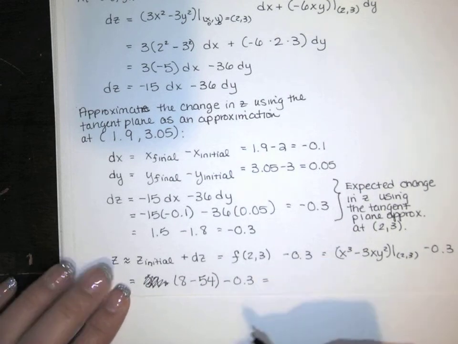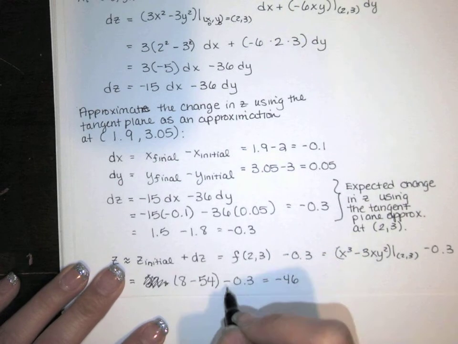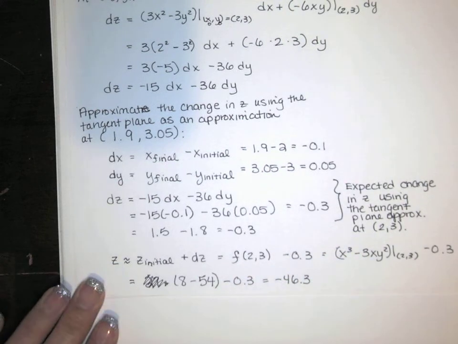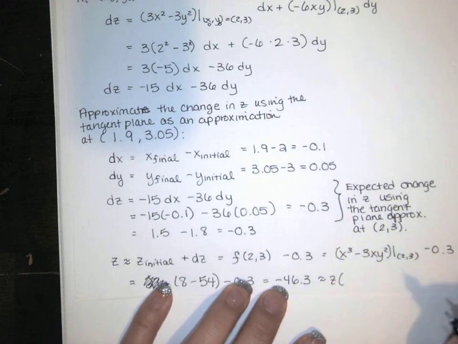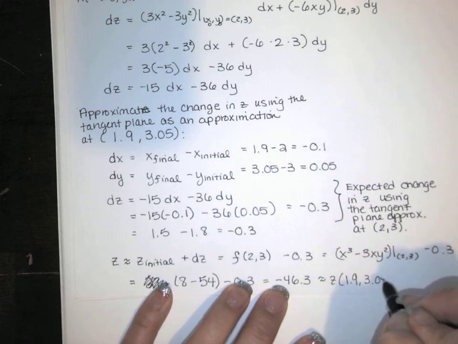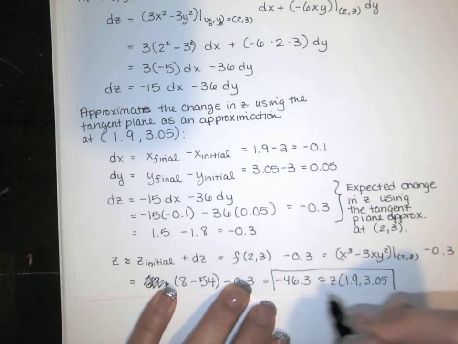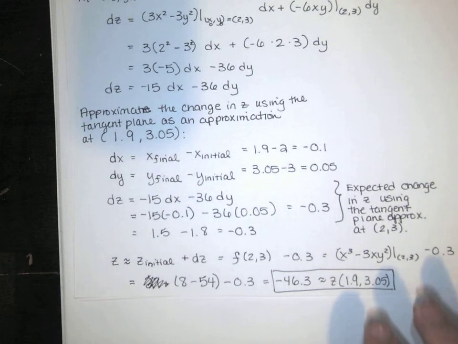So I end up with negative 46 minus 0.3, so negative 46.3. That's my approximate value of z at 1.9, 3.05. That's the approximation using the tangent plane. I could have also just found the tangent plane and then plugged in those 2 points and I would get that approximation as well. But we're studying differentials, we're studying their interpretation when we evaluate the differential at a point.